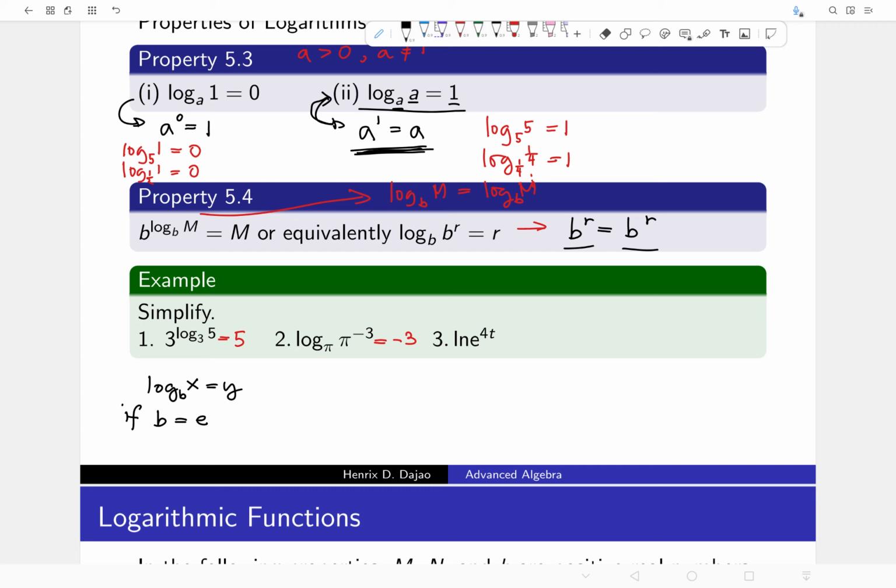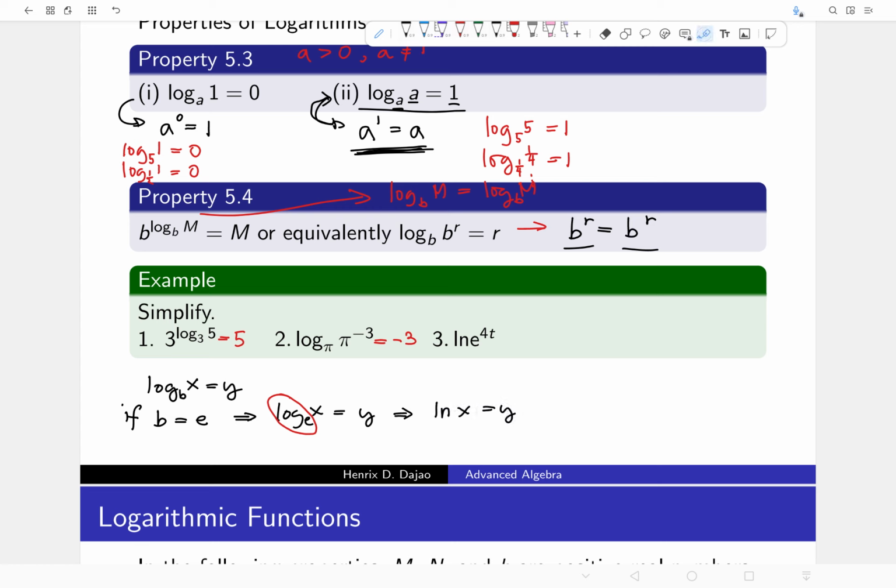That's 2.7 something. So now this expression above becomes log x with base e, that's equal to y. Now instead of writing log with base e, it has a special notation. So let's write it as ln x, which will be equal to y.